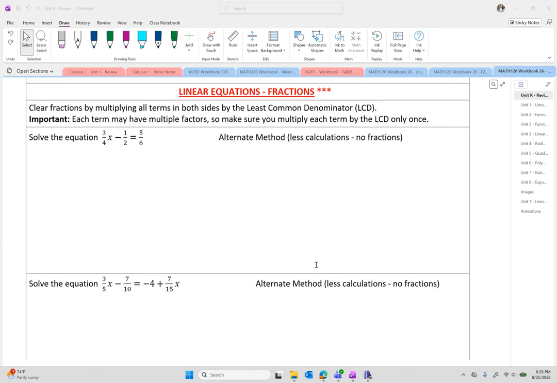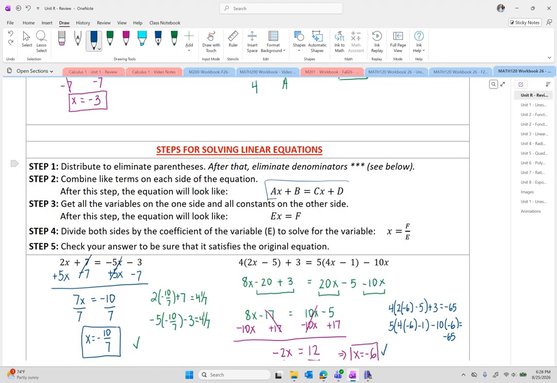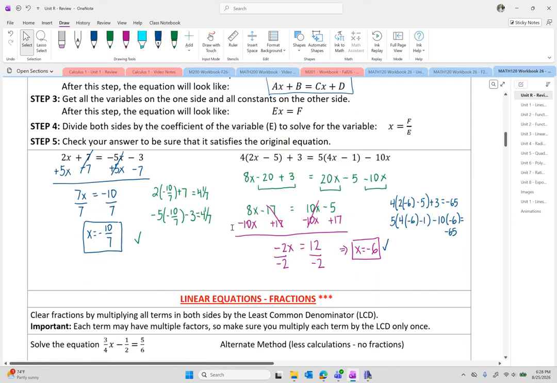Now there are two ways to solve this equation. One way is to think that I have already finished step 2 of combining like terms. So I am in this part of the equation where I have ax plus b equal to cx plus d.